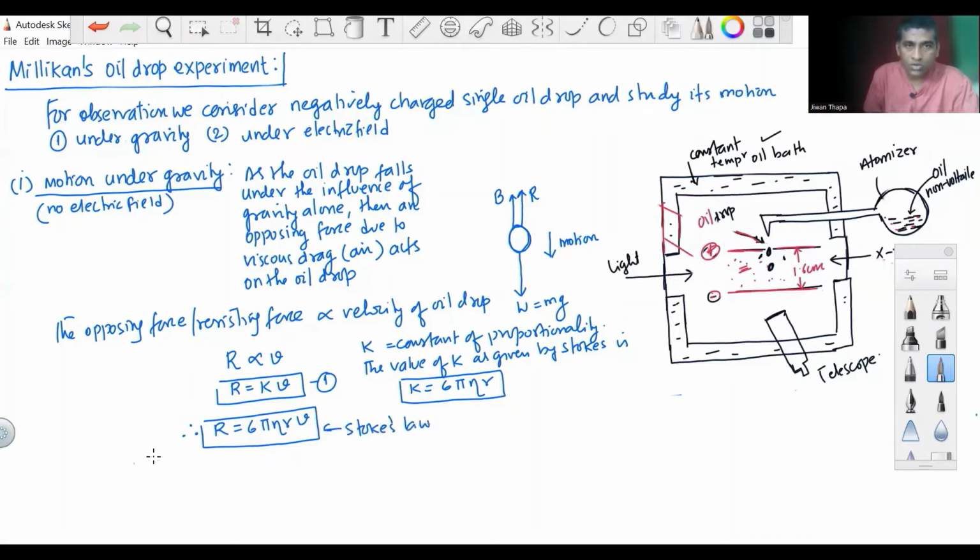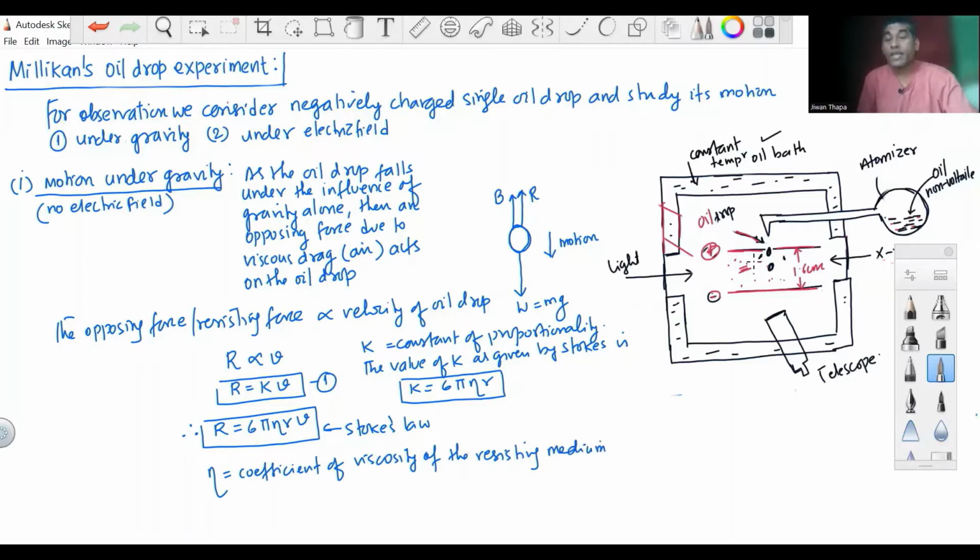In this equation, eta is the coefficient of viscosity of the resisting medium. In this case, the resisting medium is air. So eta is the coefficient of viscosity of air, and small r is the radius of the oil drop.